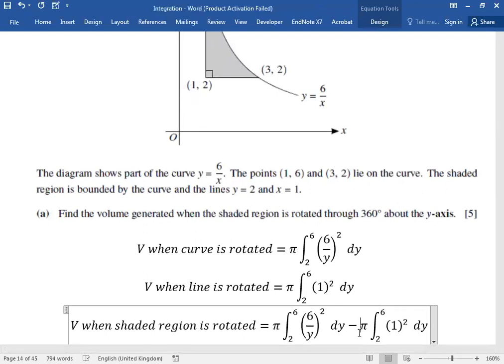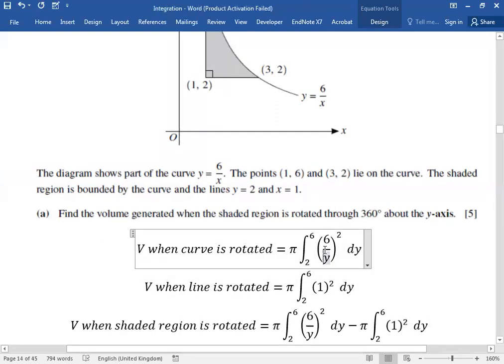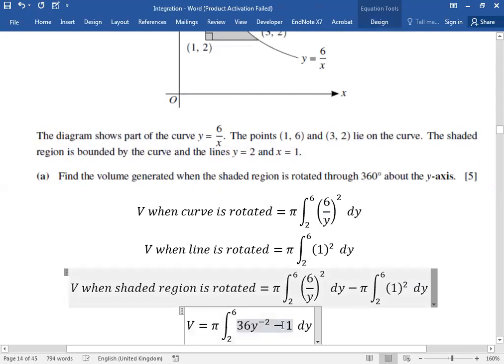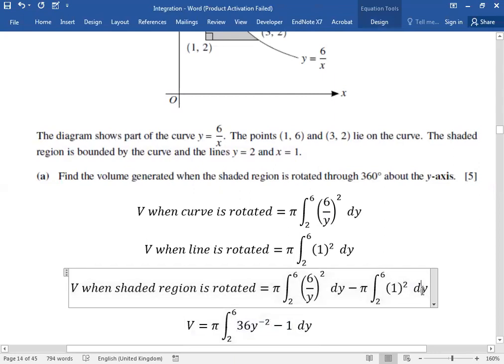So what is the square then? 36 upon y squared. Again, we can write them together because both are being integrated with respect to y and both have the same limits. Take care of the limits too. Now the limits will be of y, which is 2 and 6. So do it this way.